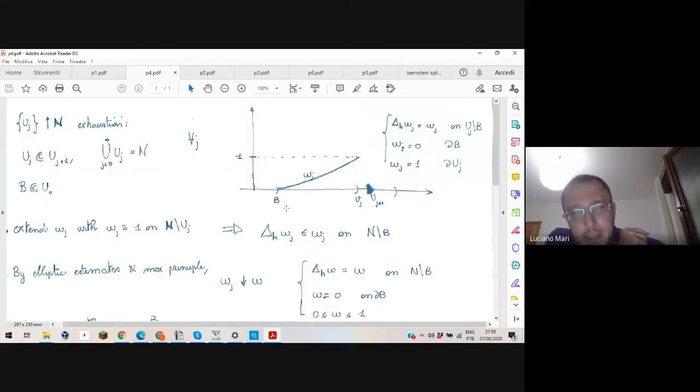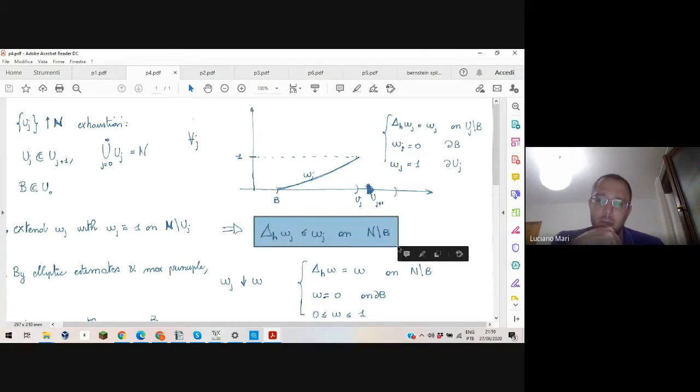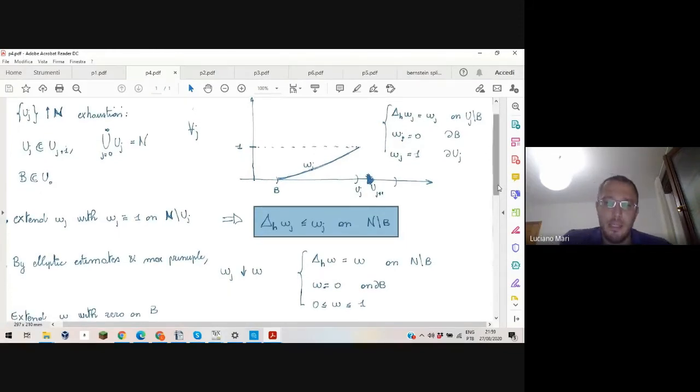We extend omega_j with 1 outside of U_j, so you get an extension of this kind. You lose equality in the equation, but you still have inequality in the weak sense. It's simpler to see it in the viscosity sense, but it's also in the weak sense. So you have inequality for omega_j on N minus B.